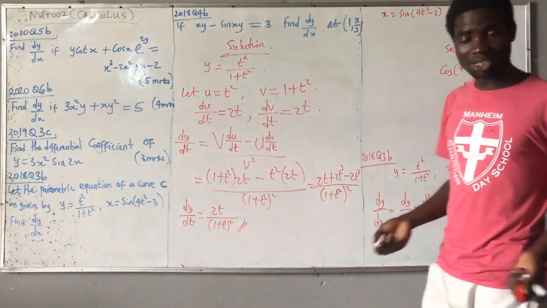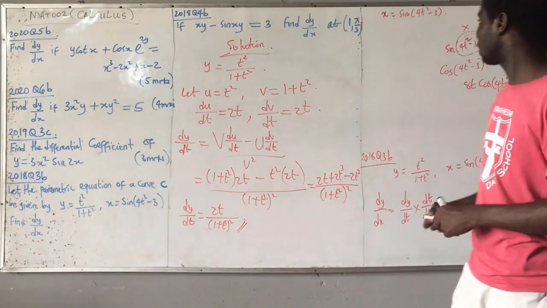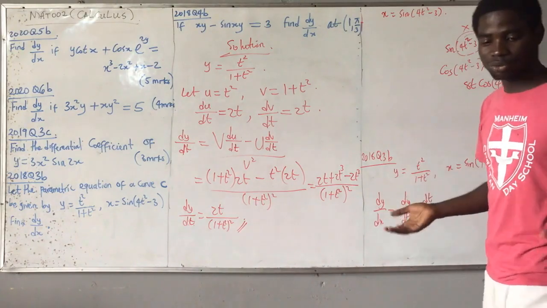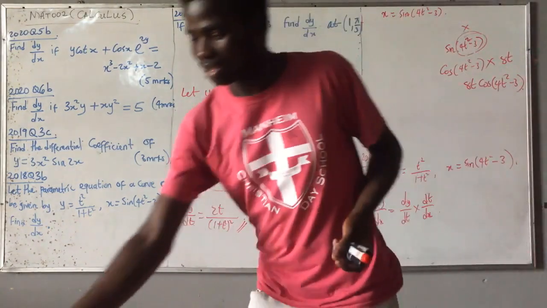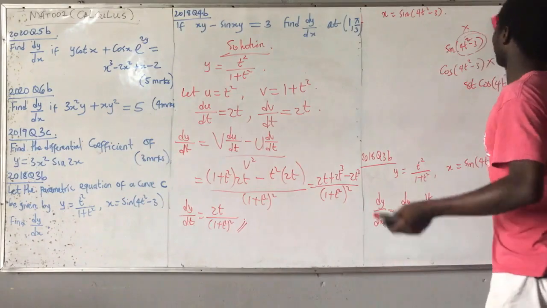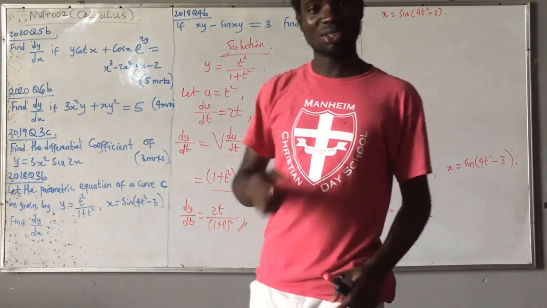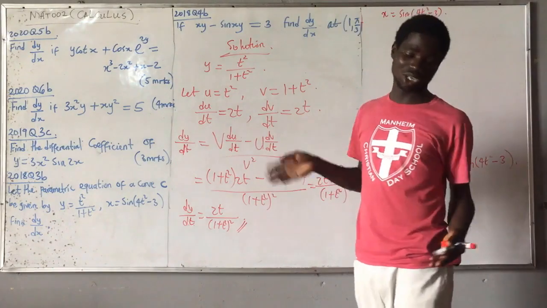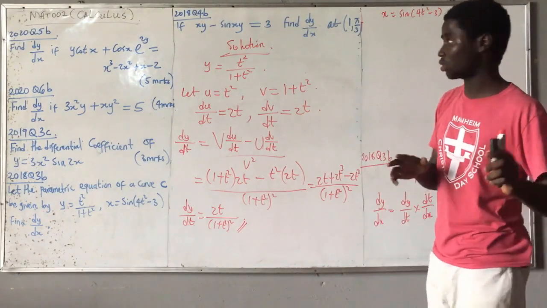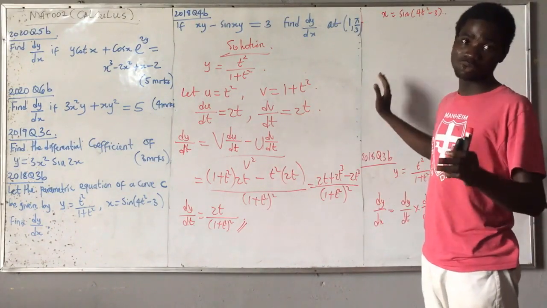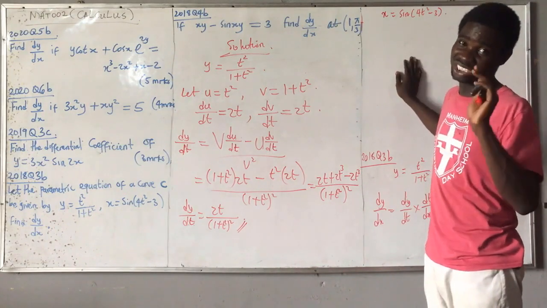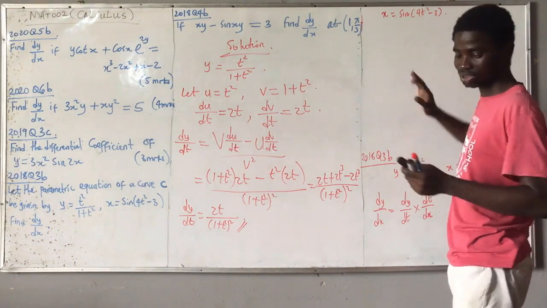You can write this one down, or you use the chain rule. The chain rule is still the same thing. Please take note of that, especially if it comes out in objective, you can do that. Even in theory, you can do that. But I want to use the chain rule in case you don't know how to use it.